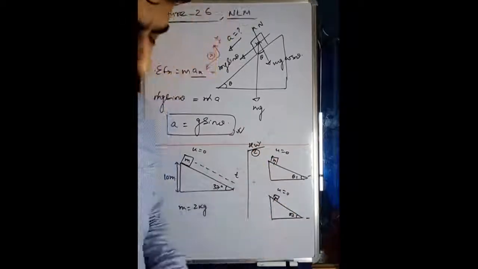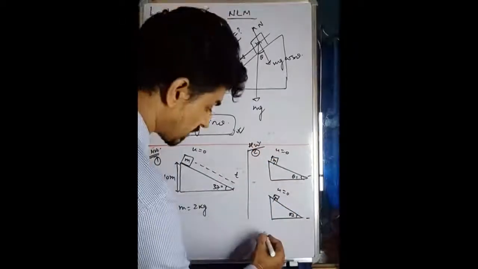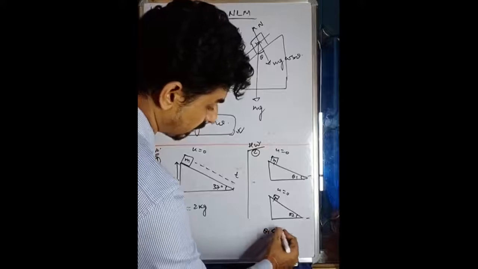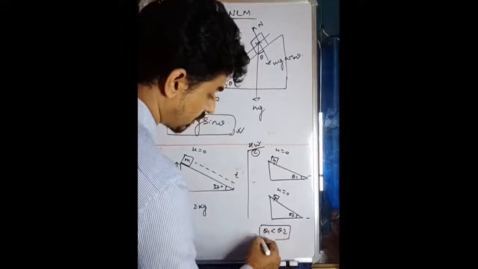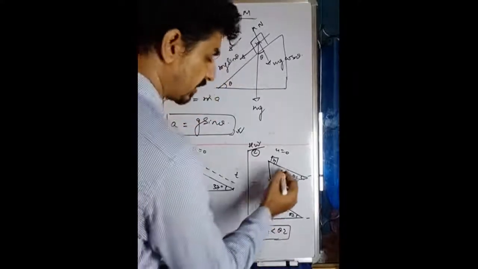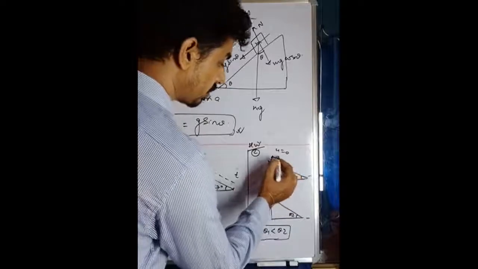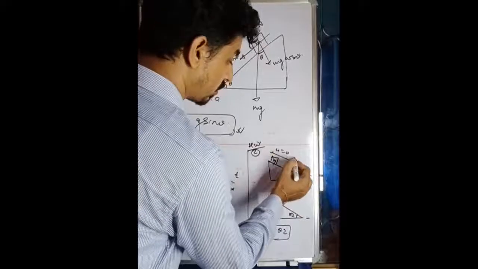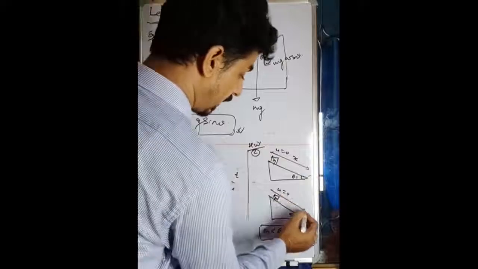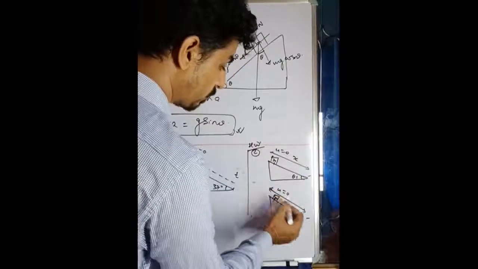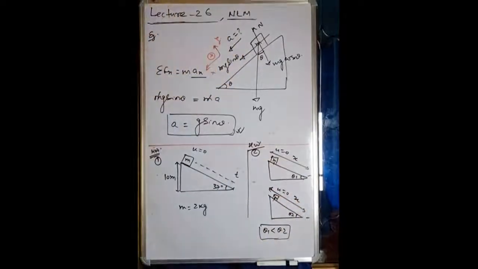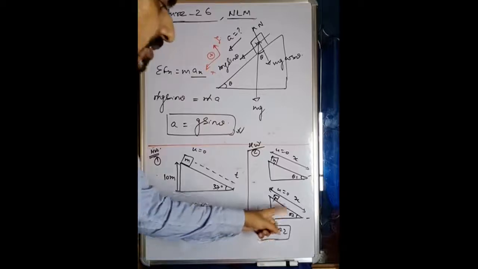The condition is theta 1 is less than theta 2, the first condition, and the second condition, the length of the inclined plane that the block has to move in both cases is the same, while the inclination is changed.